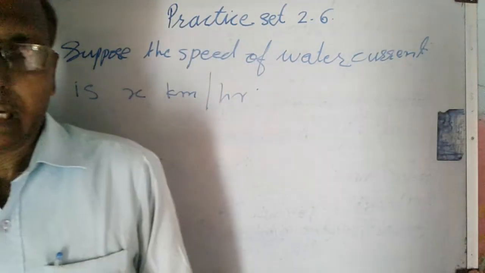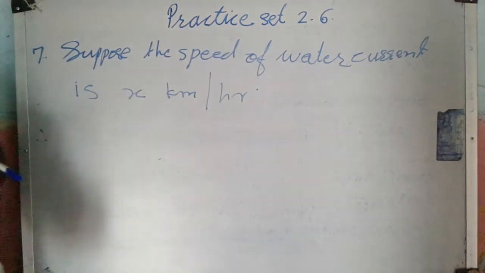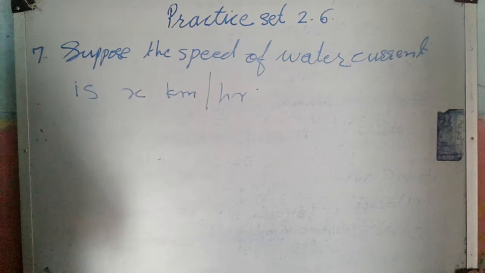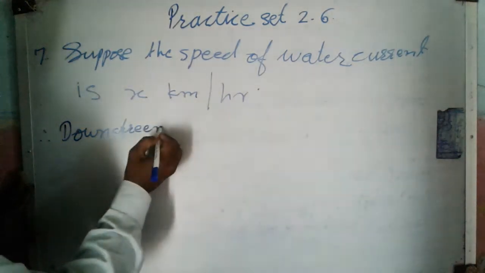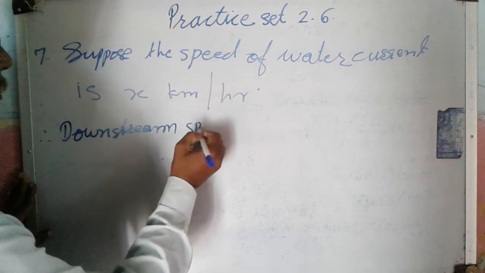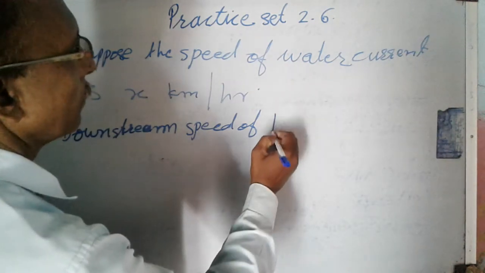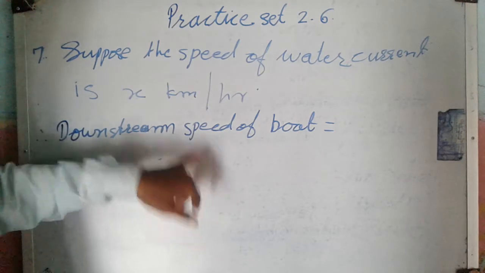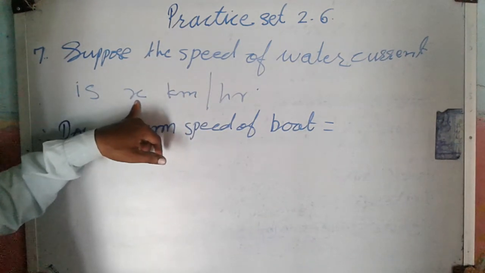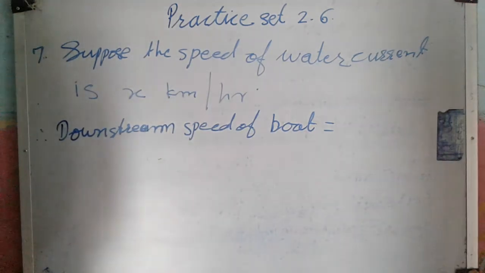Therefore the downstream speed of the boat is equal to speed of boat plus speed of water current.